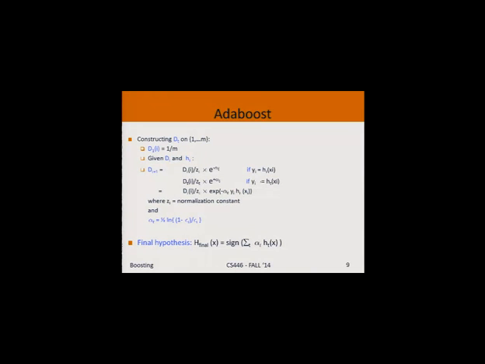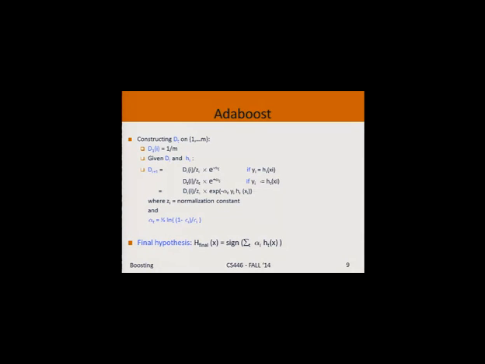So I start with d1 of i. If I sum it over all i, I get 1. You see? And I want to make sure that as I iteratively define dt of i, I always get 1. So when I define it, given the previous round, I divide by something to make sure that the sum over all i's is still 1. This is the role of z.